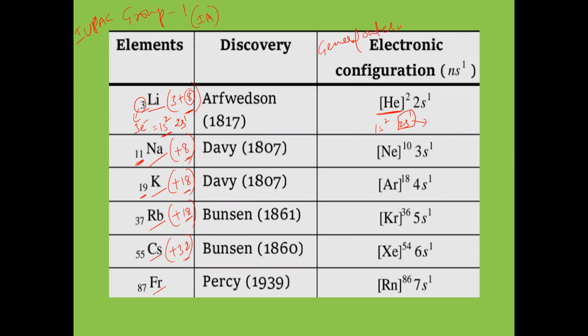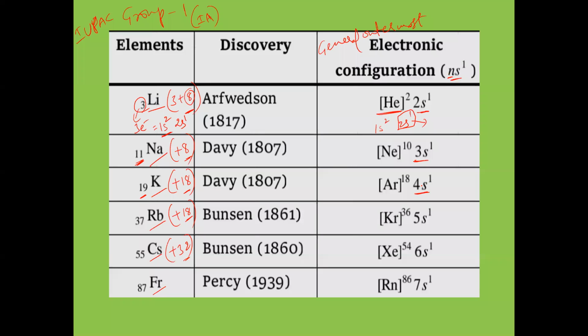So the general outermost electronic configuration is ns1. n is the orbit number, the outermost orbit number, the valence shell number. So for lithium, the outermost orbit is the second orbit, so 2s1. For sodium, outermost orbit 3, 3s1. For potassium, the fourth orbit is the outermost orbit, so 4s1.